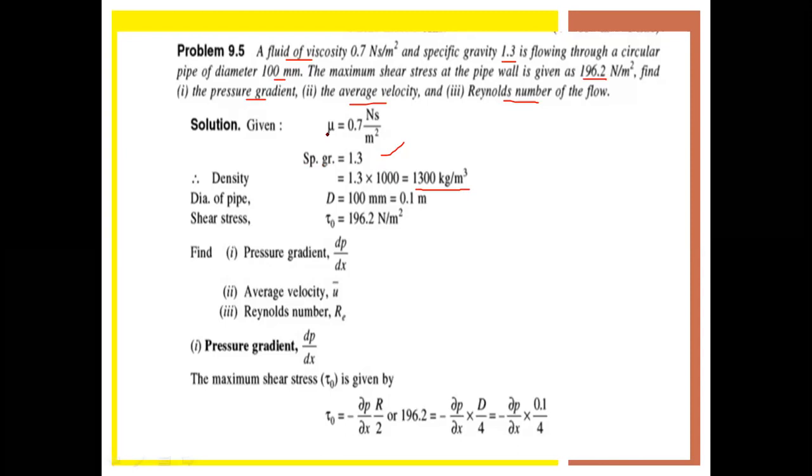Now mu is equal to 0.7 Newton second per meter square. So the fluid viscosity mu value is given, rho value is given. Then what is the diameter of the pipe? 0.1 m, 100 mm. What is shear stress? Tau naught. The maximum shear stress is 196.2. Then what is the thing you have to find? Pressure gradient, dou p by dou x. Next, average velocity, u bar. Reynolds number, Re. ఈ మూడు కనుక్కోవాలి.